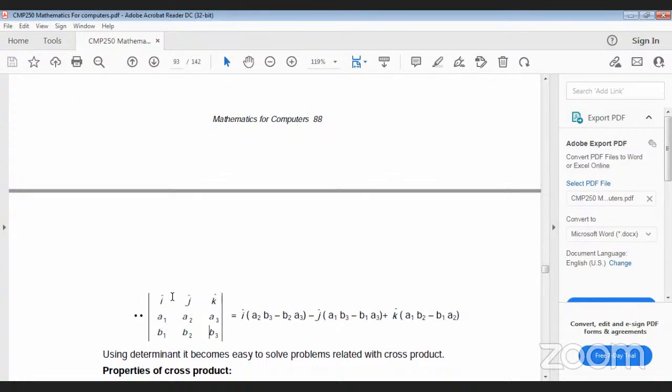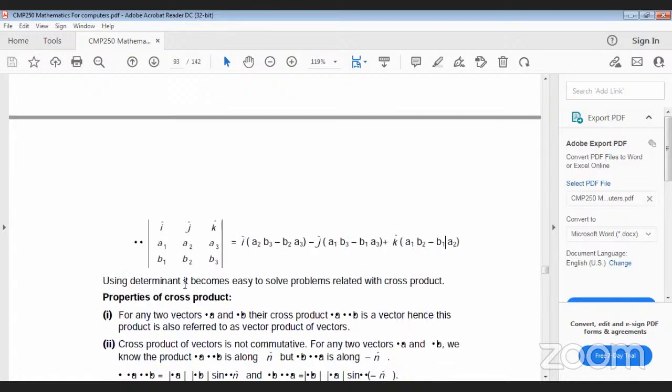If you neglect the first column, that is i, you get A2B3 minus B2A3. Minus j, again neglecting the middle column, gives A1B3 minus A3B1. In the same way for k. So using the determinant, it is easy to solve.